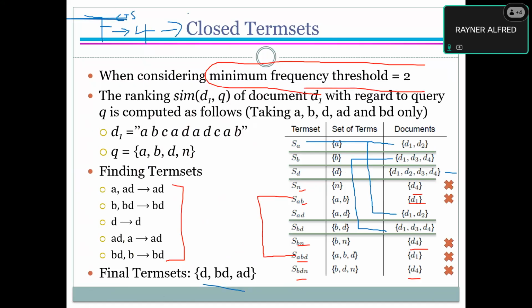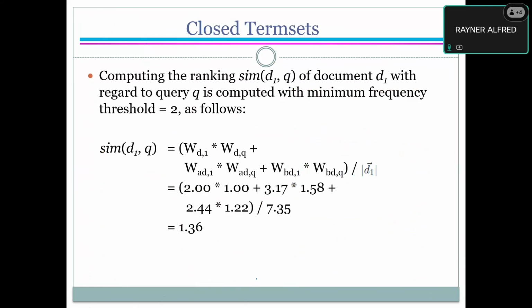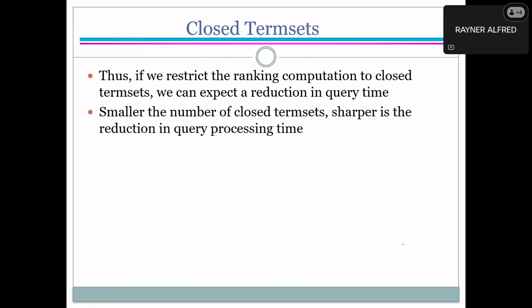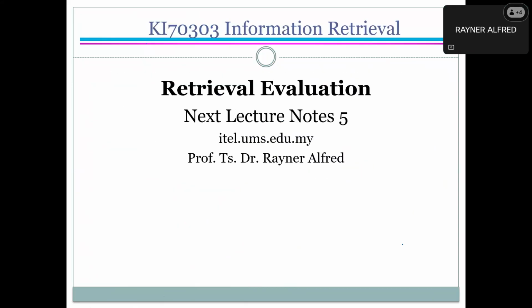And then we reduce again to 3 if we specify the threshold of frequent term set. So by having this, we can simplify the calculation that we have. So now we only have 3 term sets. Any question?